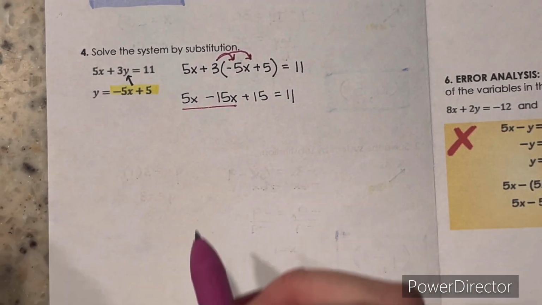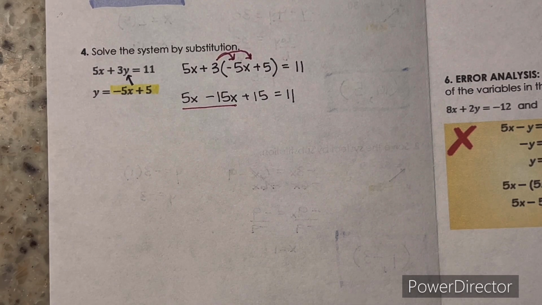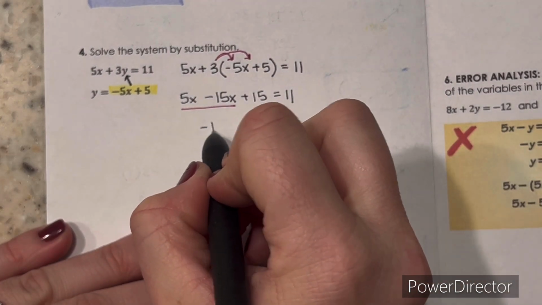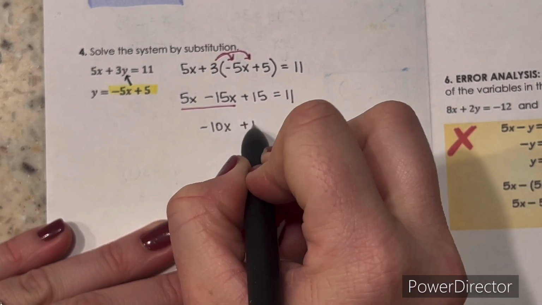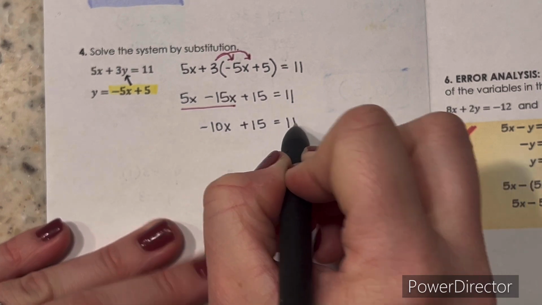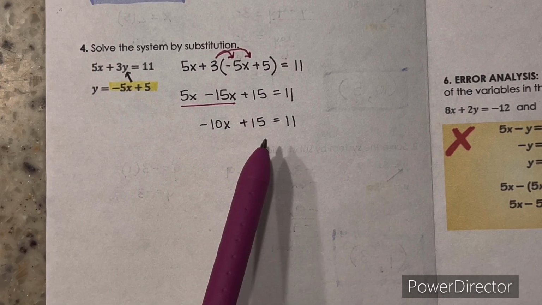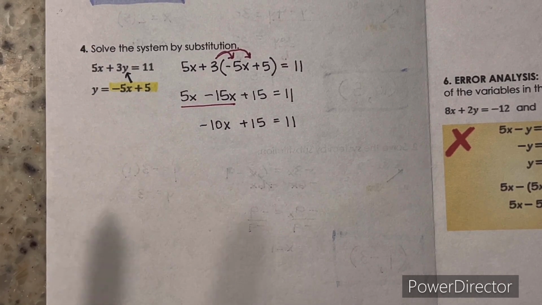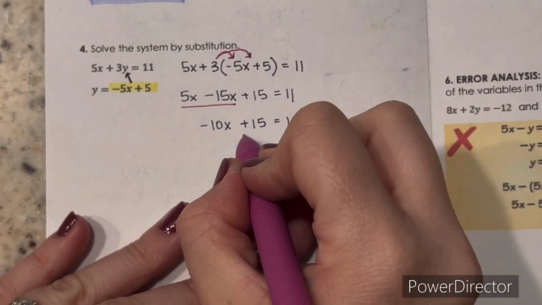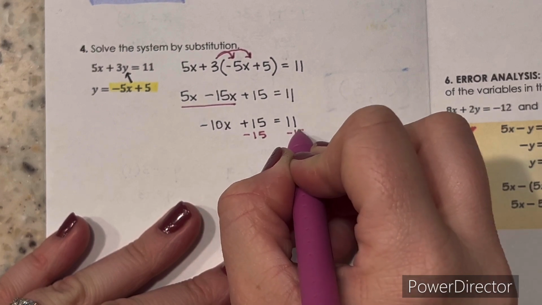These are on the same side, so I'm going to combine them. They combine to give me this -10x. Next on my list to get rid of is this 15. Subtract.